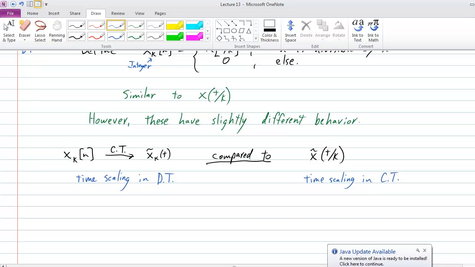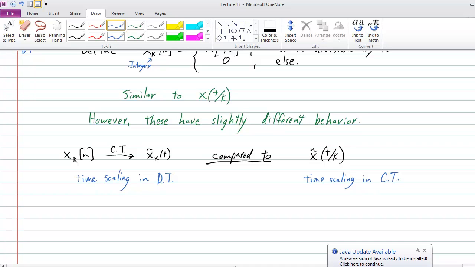Now let's do the inverse Fourier transform of what I'm claiming is the Fourier transform, X of f. We'll see if we get the same thing back. So x of t equals the inverse Fourier transform, which is the integral from negative infinity to infinity of X of f times e to the i 2 pi f t df.